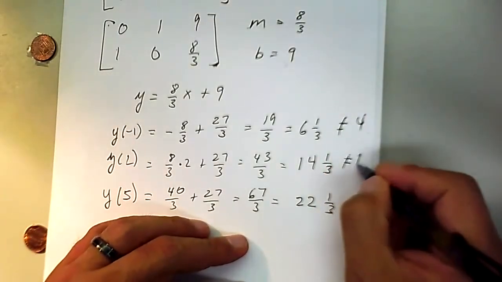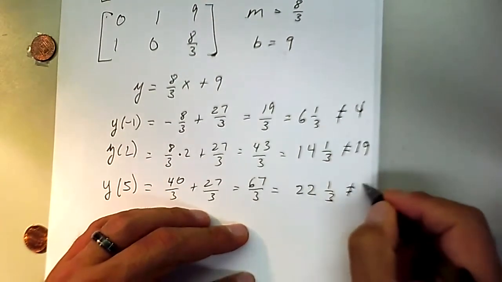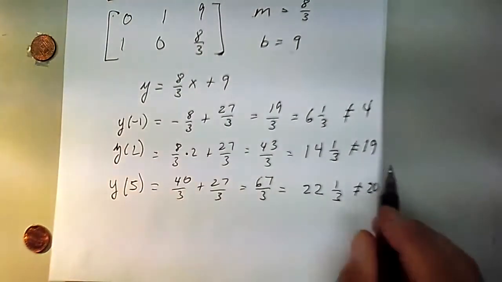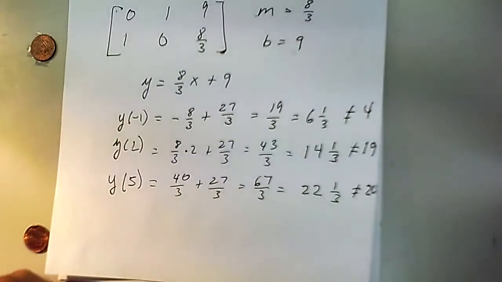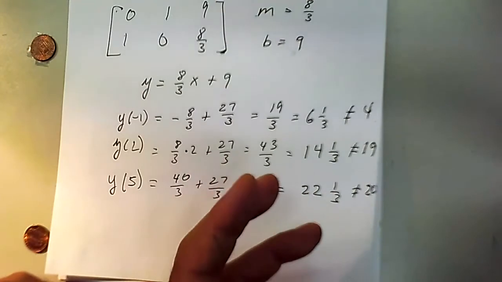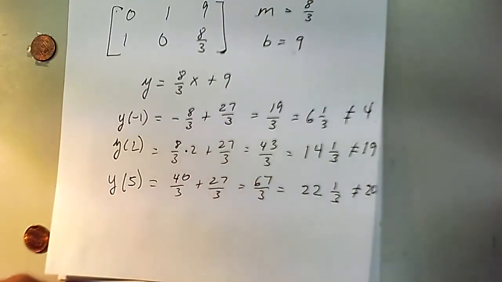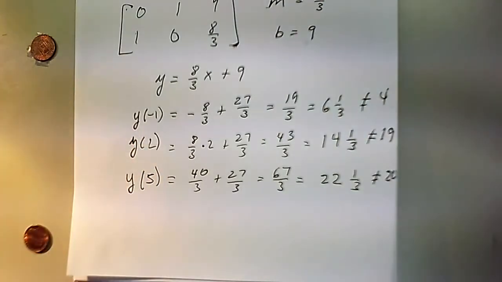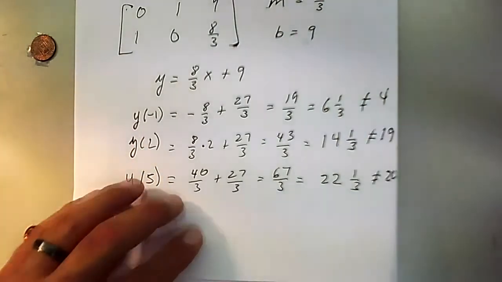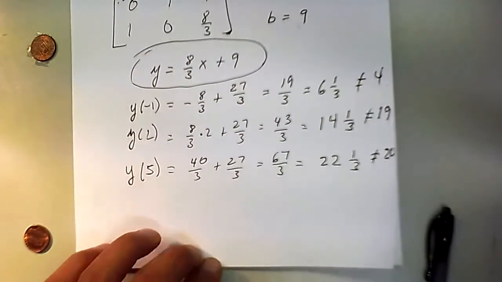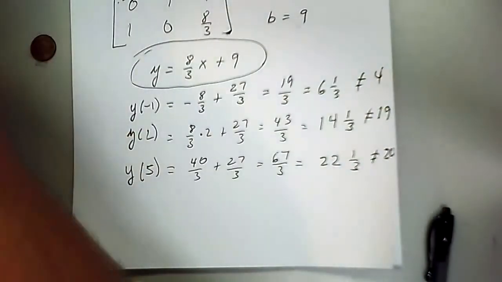This is not 19. This is not 20. Oops. We did not hit our targets, but we are as close as we can get using one line. This is the line that is closest to the points. Now, let me show you what happened here.